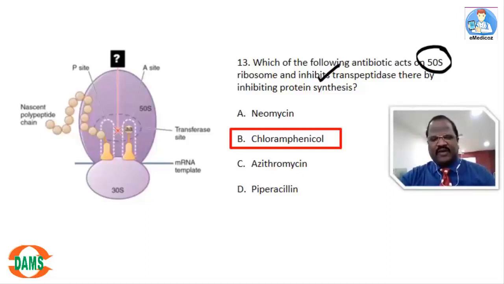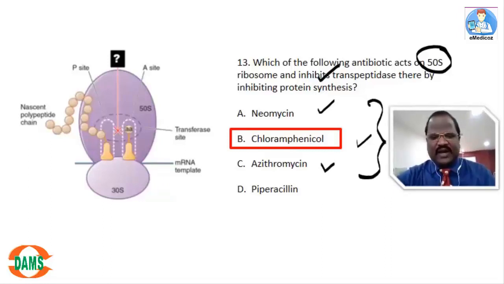Now I will explain the mechanism of action of antibiotics acting by inhibiting protein synthesis. Look here: neomycin, an aminoglycoside; chloramphenicol; azithromycin, a macrolide. These three groups of drugs act by inhibiting protein synthesis, whereas piperacillin, a beta-lactam antibiotic, acts by inhibiting cell wall synthesis.